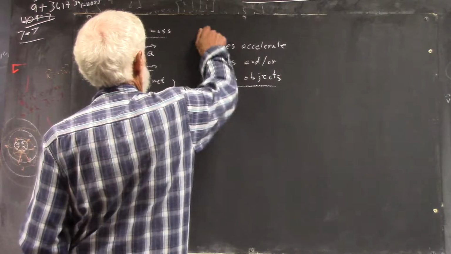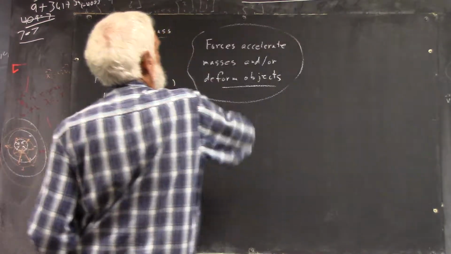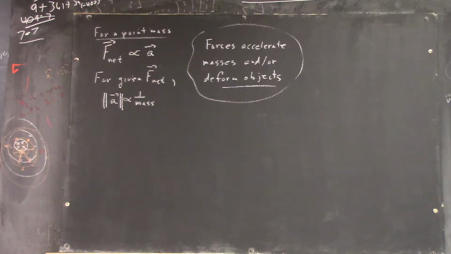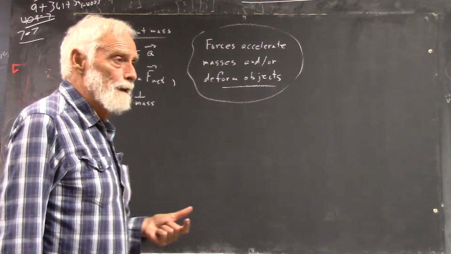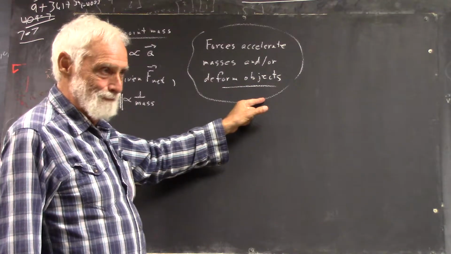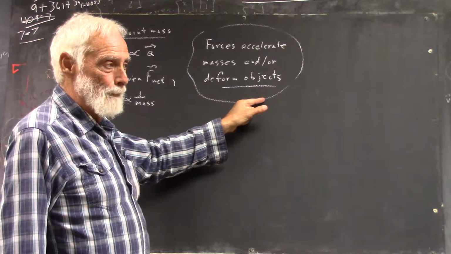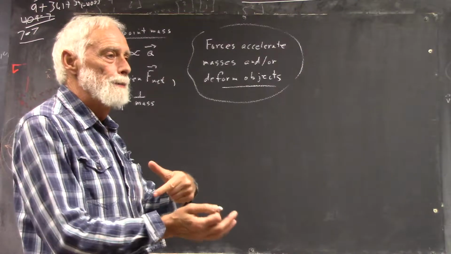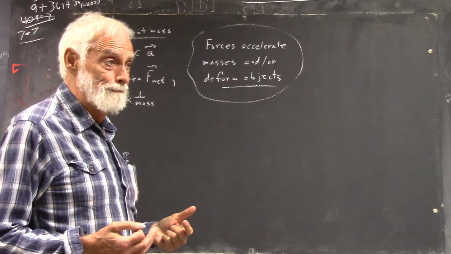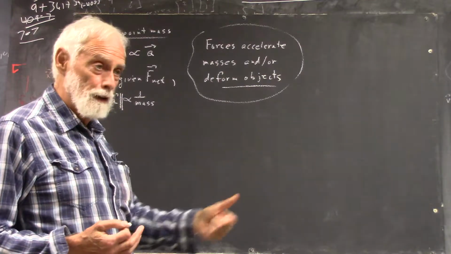Okay, so that's what forces are. And you've measured forces by deforming rubber bands. Okay? And you've observed systems already that are accelerated by forces. Pendulum being one of them.